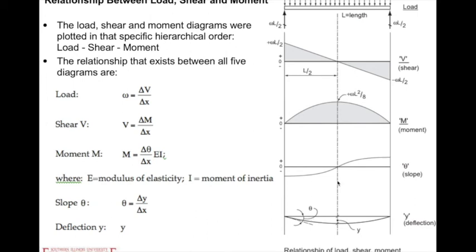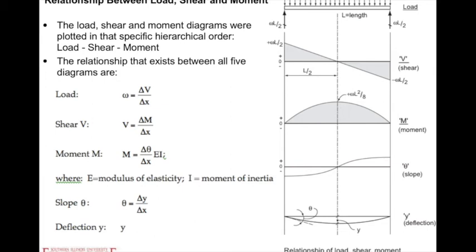Okay, so you can find the load omega. That means the slope of this line is equal to omega. And then look at the moment.